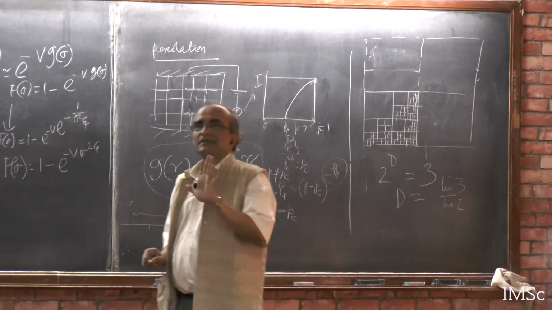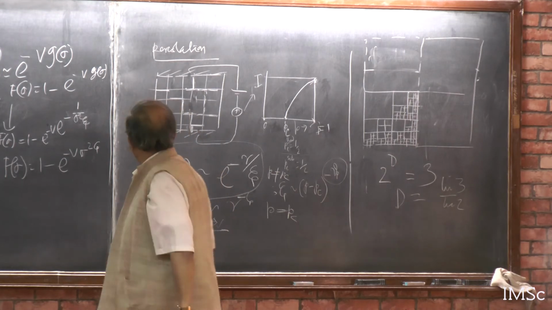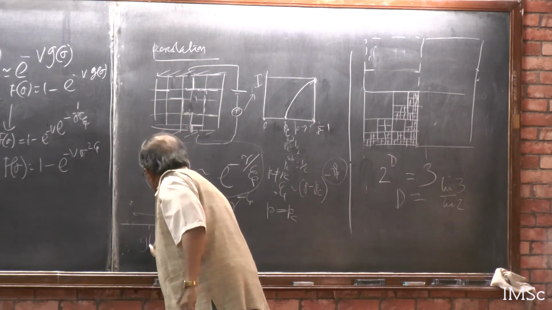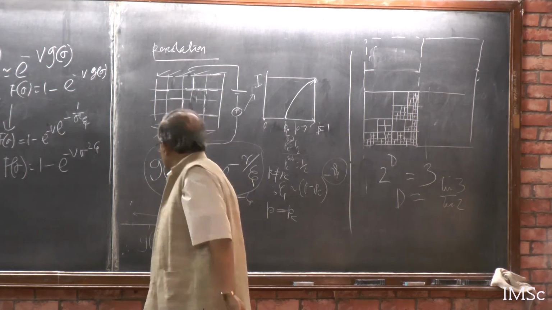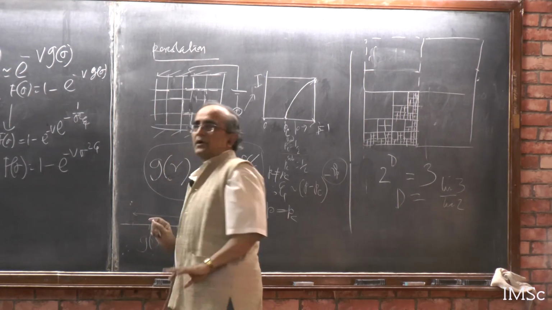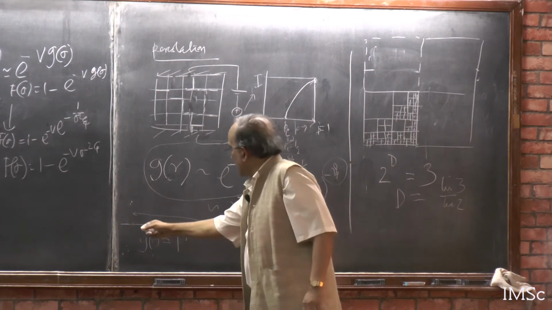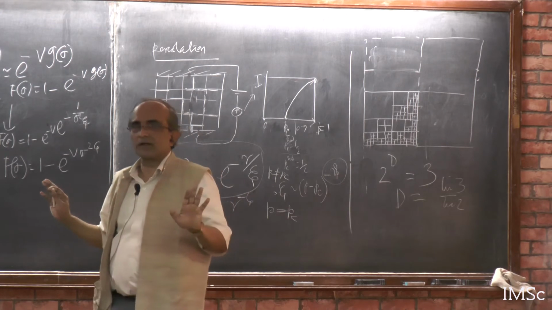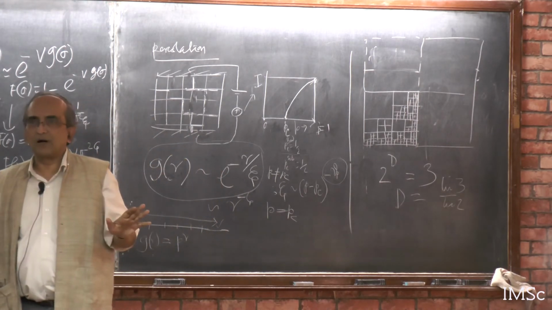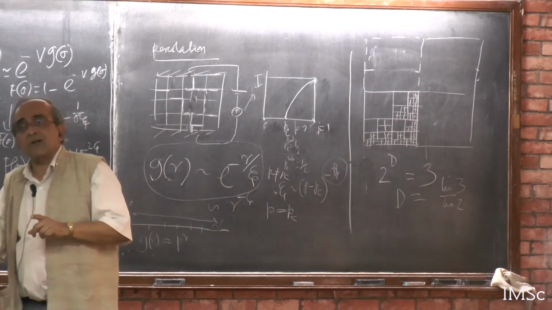Now in one dimension it is absolutely trivial. GR must be exactly equal to p to the power r. If any of them is missing, you do not have the connection beyond r. You cannot have up to r. So all these r bonds must be there.